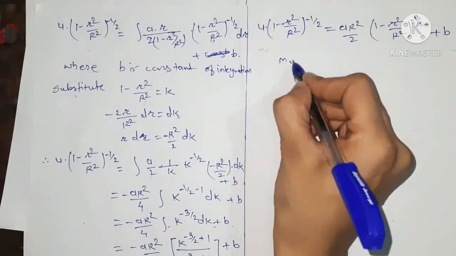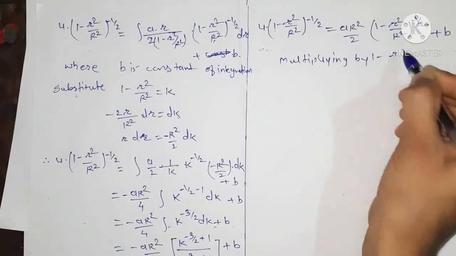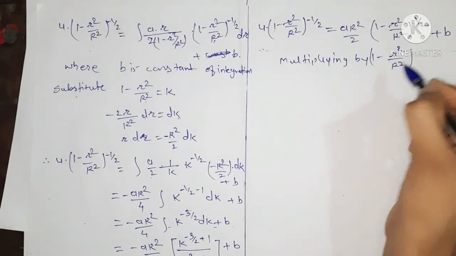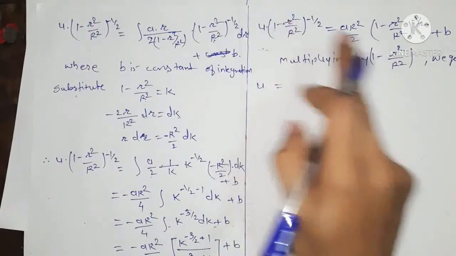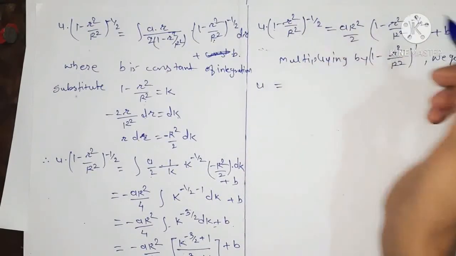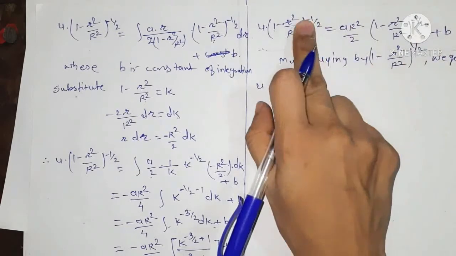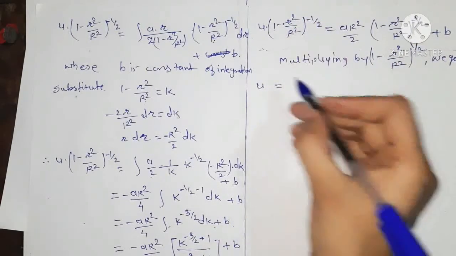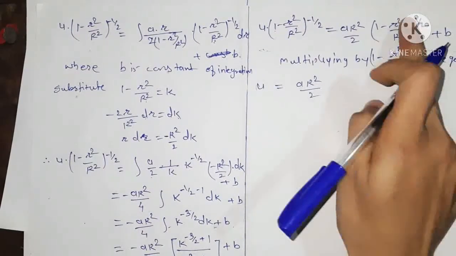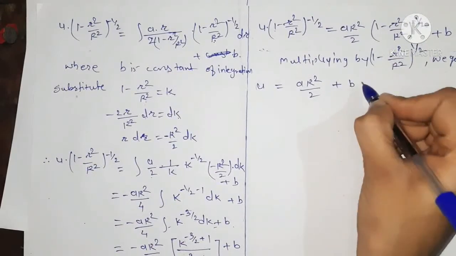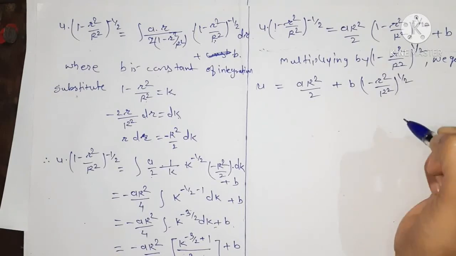Okay, so multiplying, we get u equals ar square upon 2, since plus half and minus half get cancelled, plus b into (1 minus r square upon capital R square) to the power half.